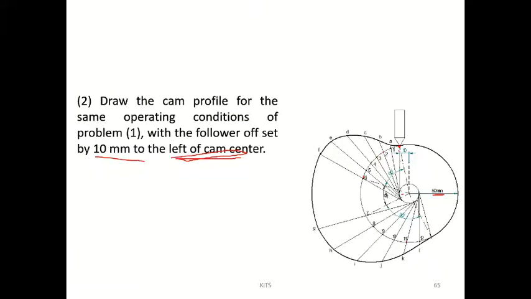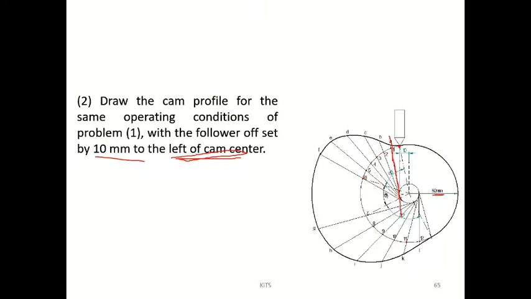Now take your scale. One end of the scale should be on point 1. Another end should be touching the circle like this. You have to keep it like this and draw the line.